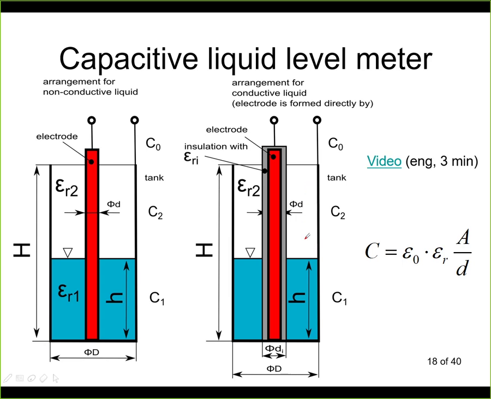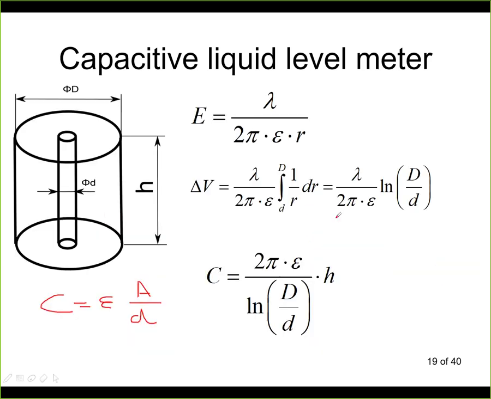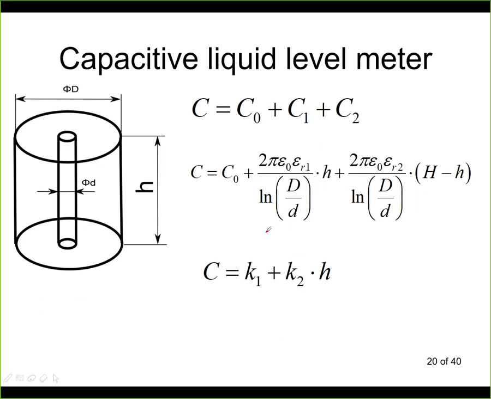Then now this means that we are decreasing the capacity of C2, and therefore the final equation that we will obtain will be very simple. It will be constant times the height that we have over there. So it is given like this: C0, that's the capacity of the connectors, that's constant, plus C1 plus C2.